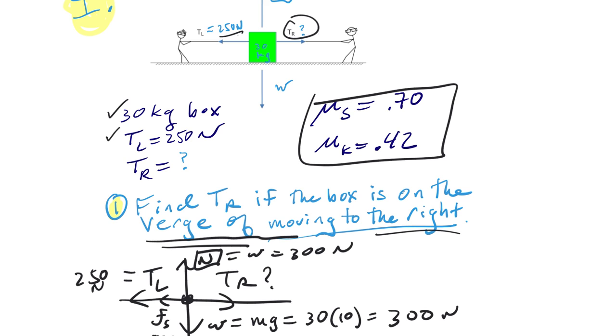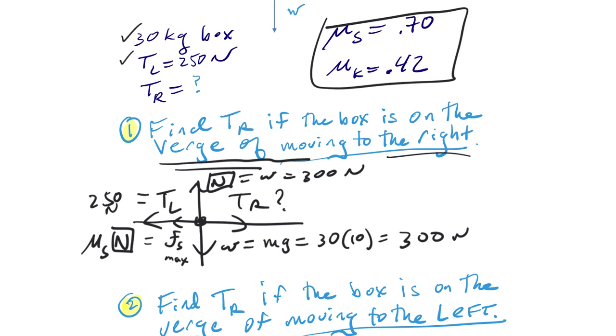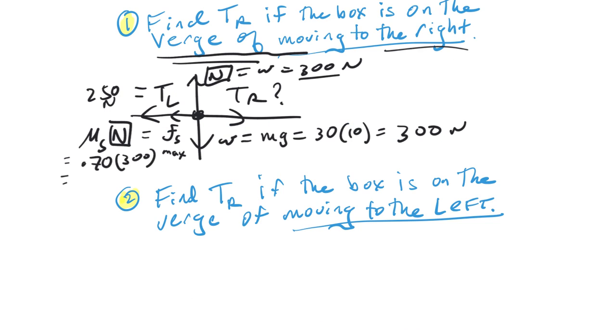The static friction maximum, look at the equation on your equation sheet, is mu s times N. So it's 0.70 times the normal force, which is 300. That's 210 newtons.